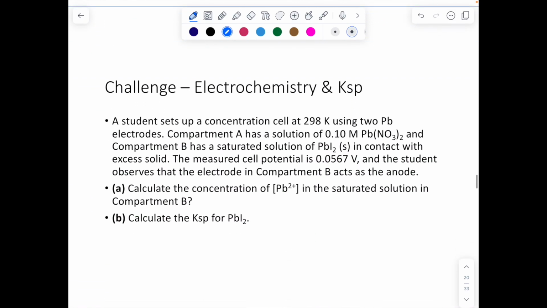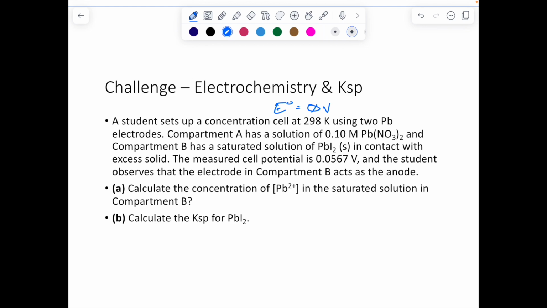All right, a little challenge here, electrochemistry and KSP. A student sets up a concentration cell at 298 Kelvin using 2 lead electrodes. So right off the bat, we know we have 2 lead electrodes, and so our standard cell potential is going to be 0.